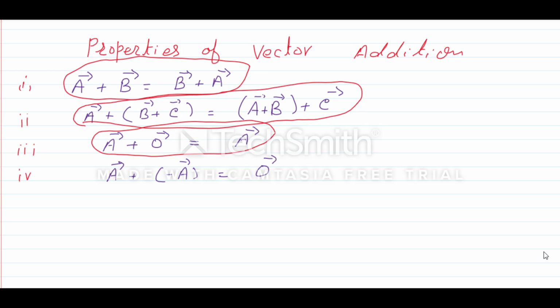If we add two vectors and both are negative of each other, we will get additive identity, which is 0 vector. So this is inverse property of vectors with respect to addition.